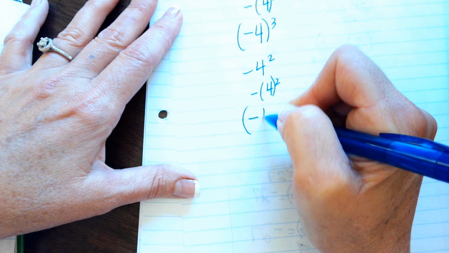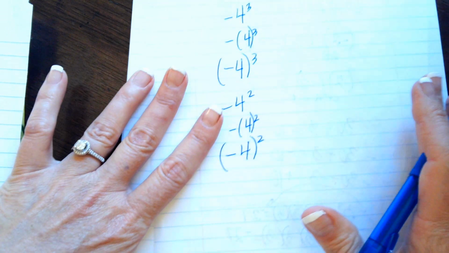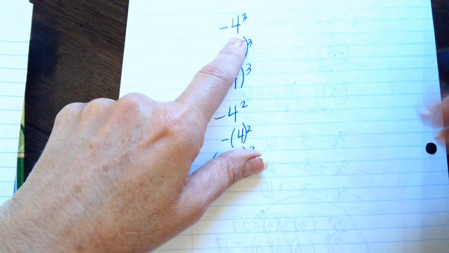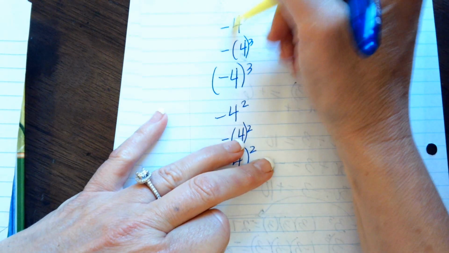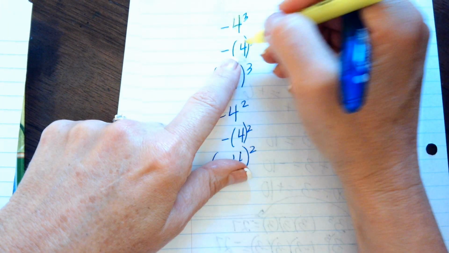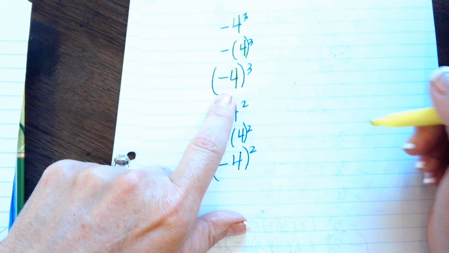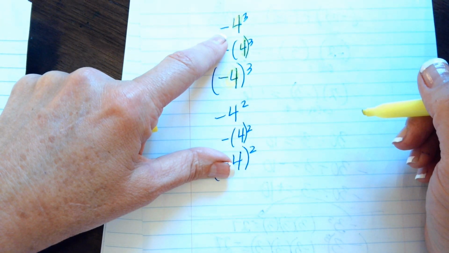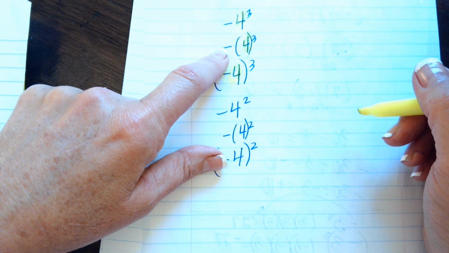We take each one as a separate thing and we figure it out. So for this one, the only thing that's getting cubed is the 4. For this one, it's just the 4, and for this one, it's a negative 4. So this answer is 100% going to be negative no matter what. This is always going to be negative no matter what.